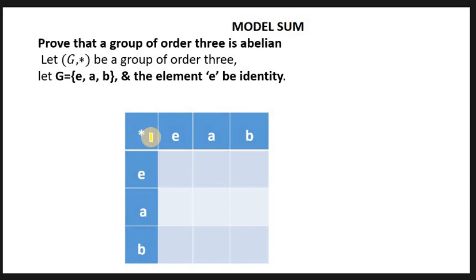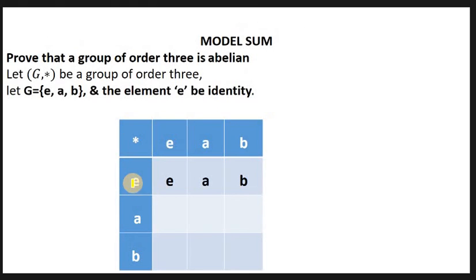First row, take the elements E, A, B, and first column E, A, B. Then let us find the first row: E star E is equal to E itself, E star A is also A itself because it is an identity element, and E star B is also equal to B. So now the first row is filled.